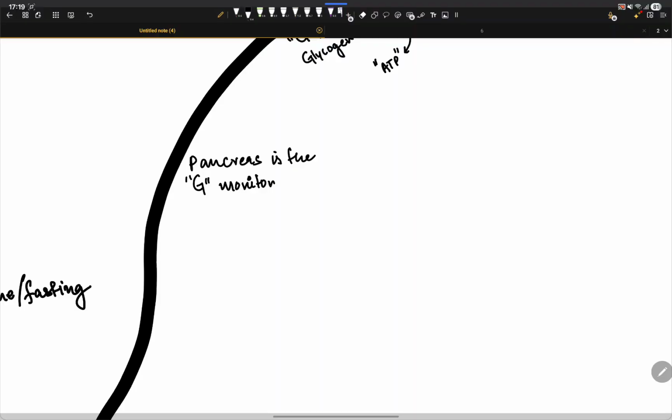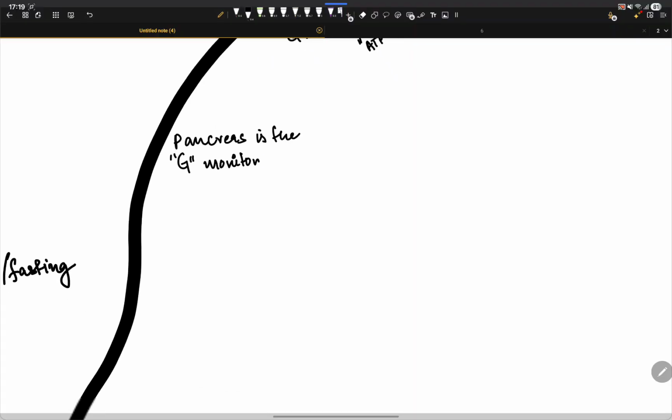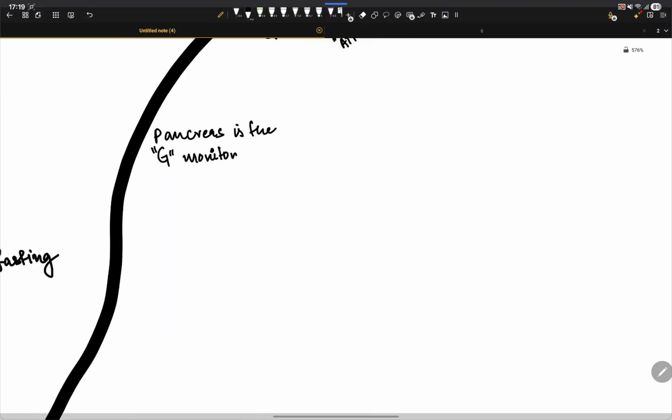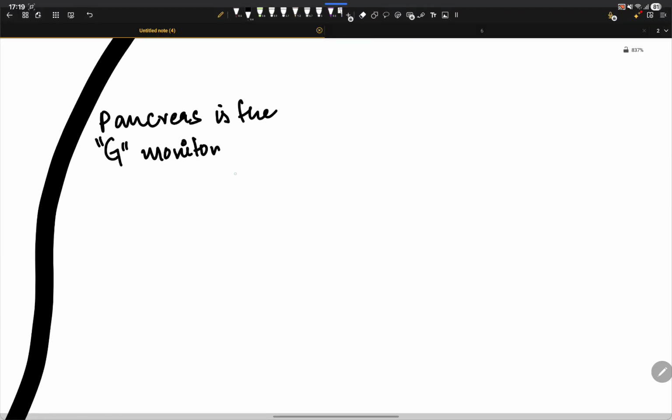Now, what happens when your blood glucose falls? Which pancreatic cell is going to detect it? Turns out, alpha cells. A lot of you might have thought beta cells, but no. So the pancreas is the glucose monitor. Which cells? Alpha cells.